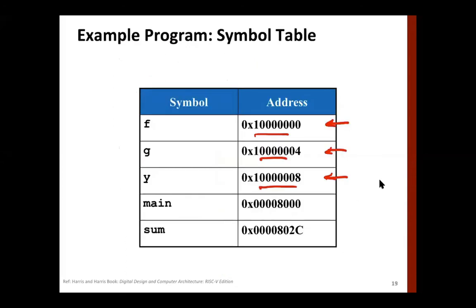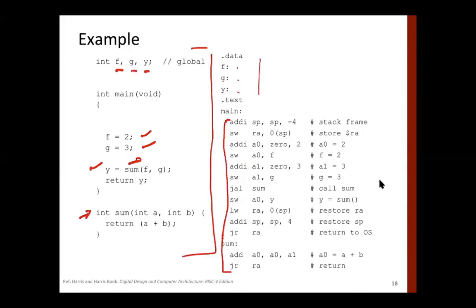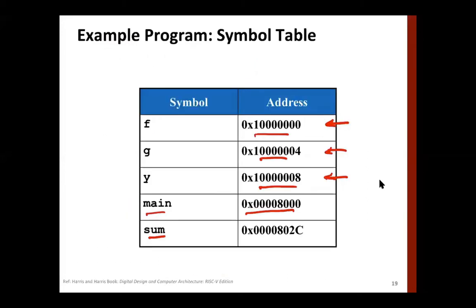And then main and sum are symbols. Actually, main here is just a label in assembly. Similarly, sum is a label. It is actually mapping to the function in C, but the assembler looks at it just as a label.